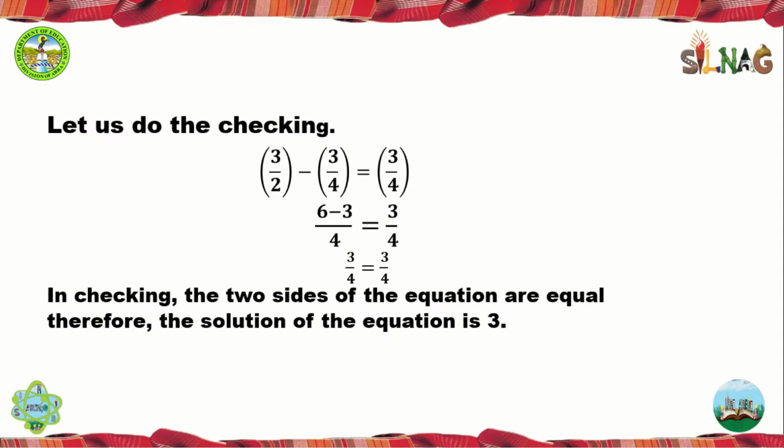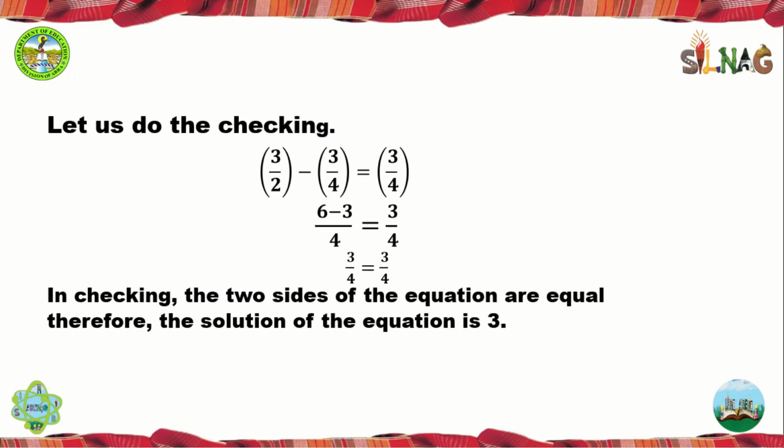Let us do the checking. In checking, we substitute the value that we have taken to the original equation. So we have 3 over 2 minus 3/4 is equal to 3/4. Then we simplify the left side, and the LCD is equal to 4. Then 4 divided by 2 is 2 times 3 is 6.